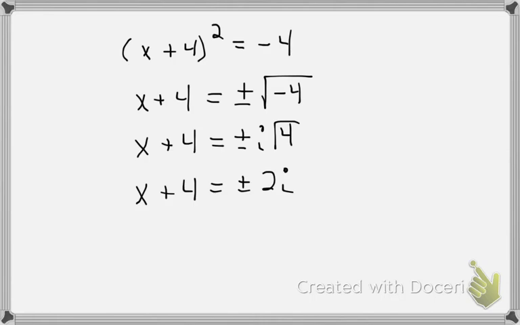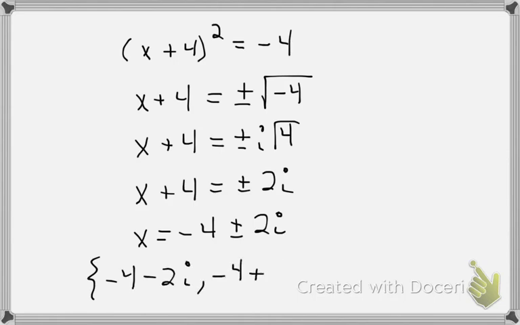And if I'm solving for x, subtract the 4. It's not like terms with 2i, so that means x equals negative 4 plus or minus 2i. So again, two solutions in my solution set, negative 4 minus 2i, negative 4 plus 2i.